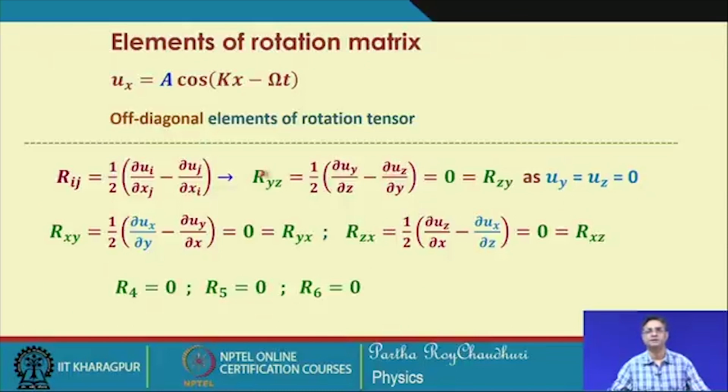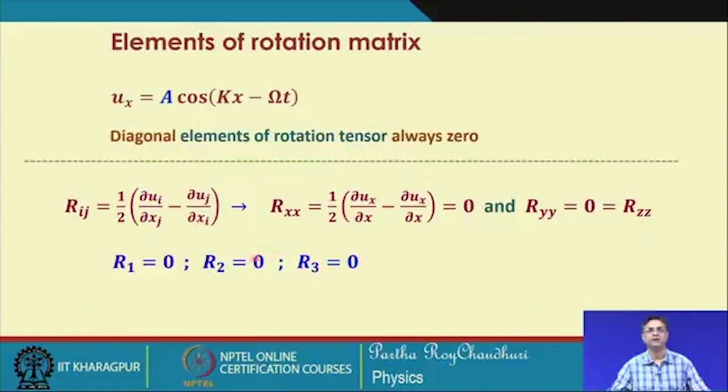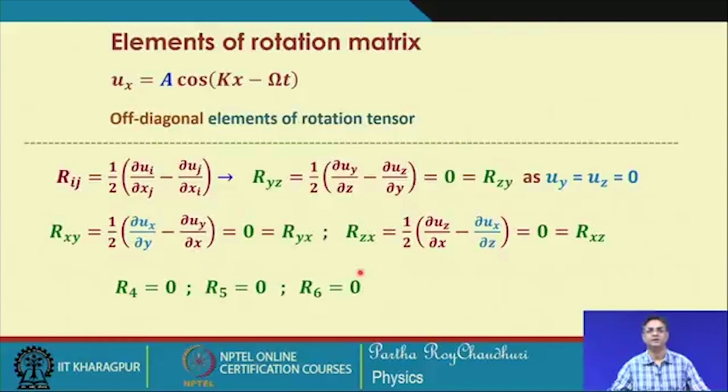As a result this is equal to 0, and del u x by del y, as I just mentioned, is also 0, because there is no change of u x in the y direction. This is also 0 because u y is 0, and likewise all the other elements are 0. So we see that the diagonal elements R1, R2, R3, and R4, R5, R6, all of them are identically 0.